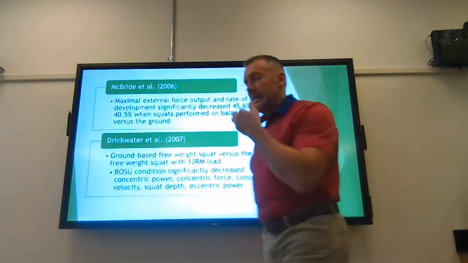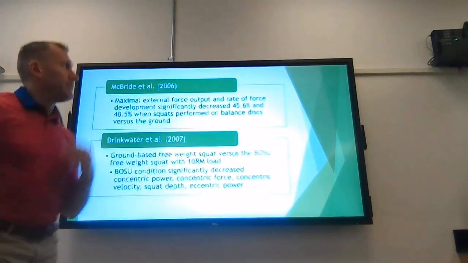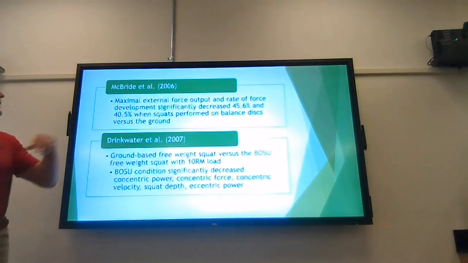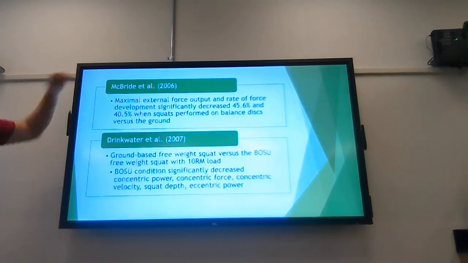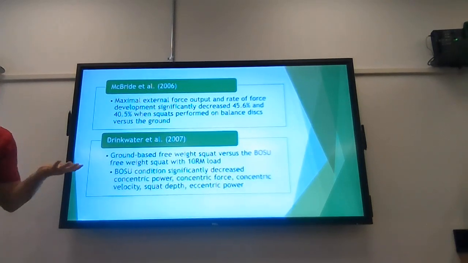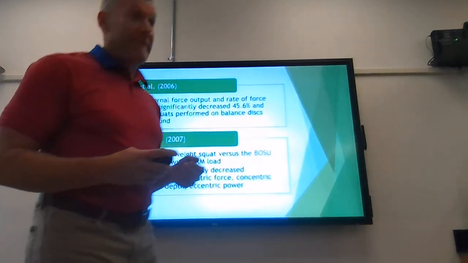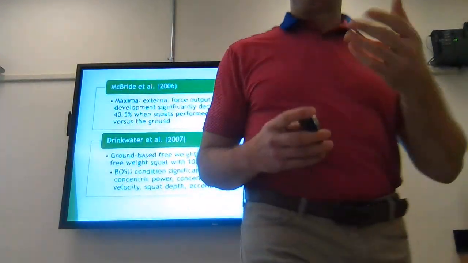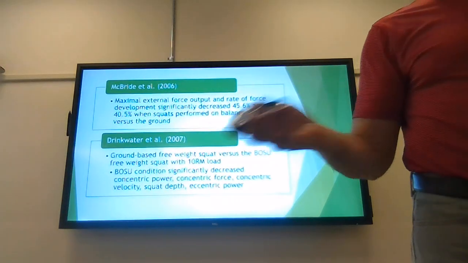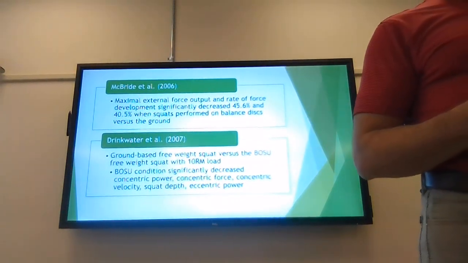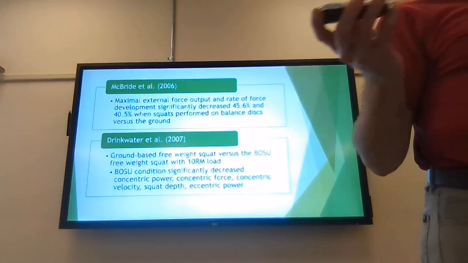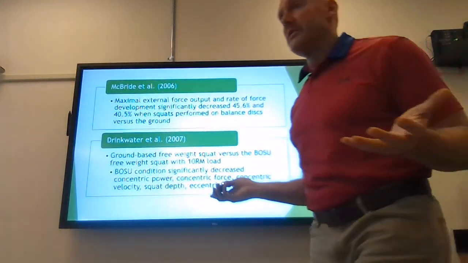So just a couple of examples here. There's probably 100 studies that show the same thing, but McBride in 2006, maximal external force output and rate of force development. What's rate of force development? Yes, okay, so it's not just how much force you produce, but how fast you produce force. Is that important for sports? Okay, so you have two cars.